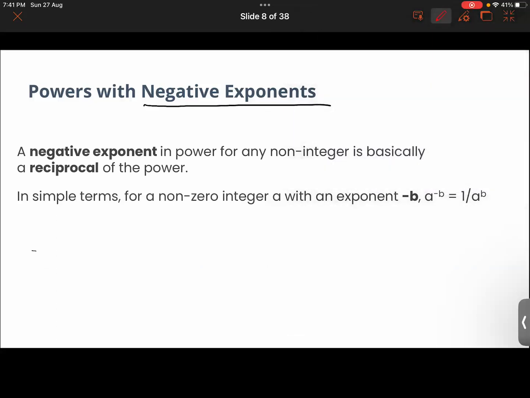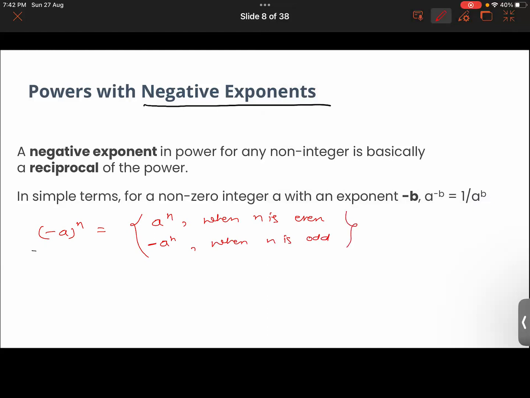So we may conclude here that minus a raised to the power n will be equal to a raised to the power n when n is even, and it will be a negative value when n is odd. So you will remember this.